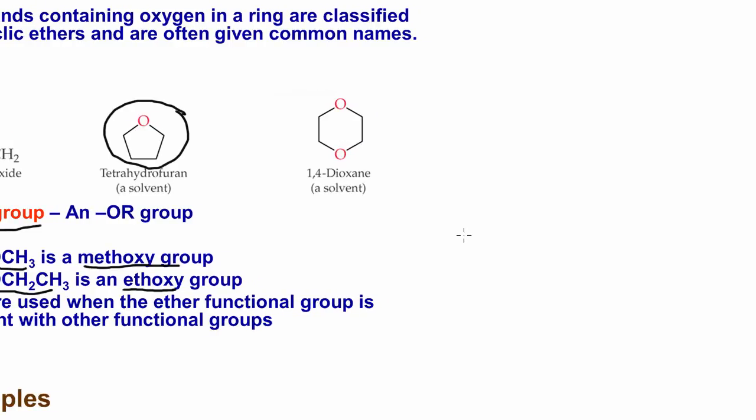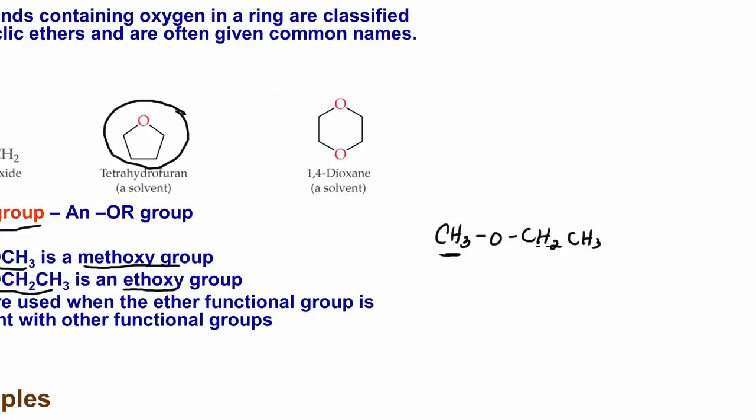Okay, let's do this one. The common name for this would be ethyl methyl ether, but we want to name this using the IUPAC system. So what you do is select the longest continuous carbon chain, and you name that with the corresponding alkane, and then you change the yl ending of the alkyl group, in this case a methyl group, to oxy, and that gives us the alkoxy name.